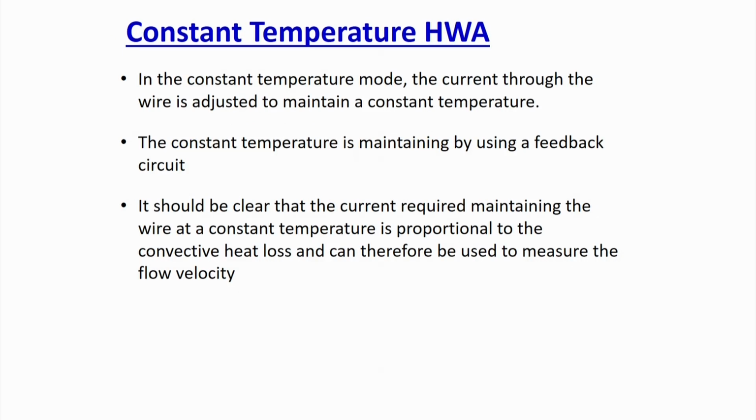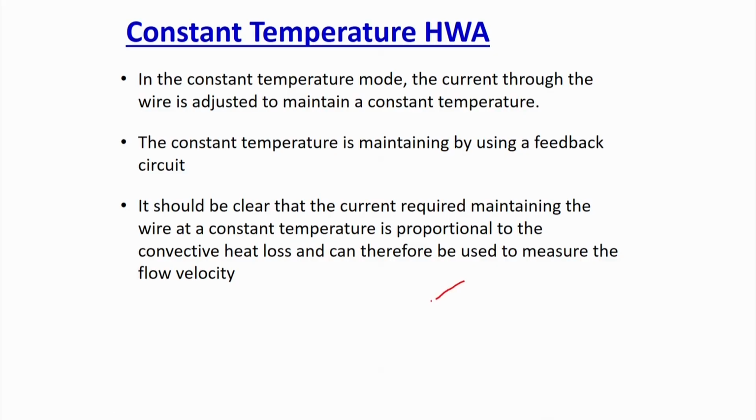In constant temperature mode, the current through the wire is adjusted to maintain the constant temperature. So, how will the temperature be maintained? If I maintain the current constant, then if you want to maintain the temperature constant, you have to vary the current. So, suppose this is my Wheatstone bridge circuit, again I will make the same, and I put a switch.